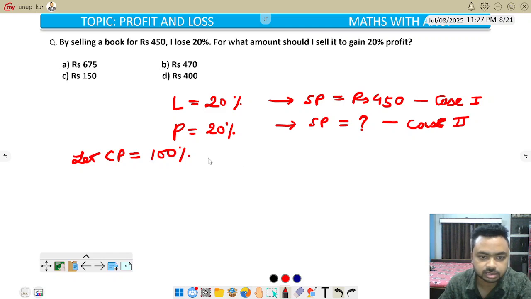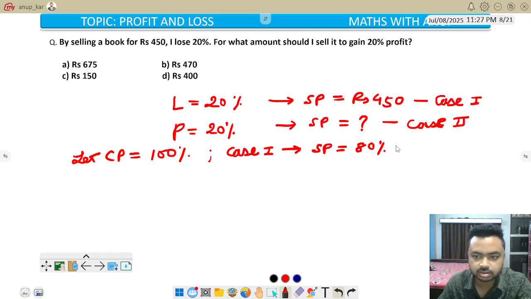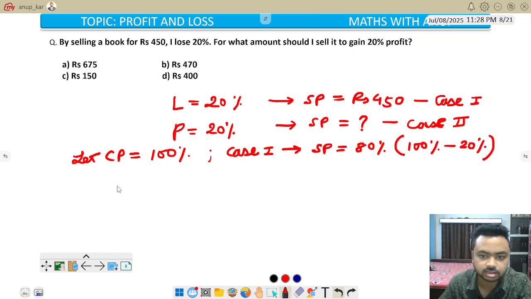So for case 1, my selling price percentage will be equal to, obviously loss 20% and CP 100, so it will be 80%. Why? Because of 100% minus 20%.